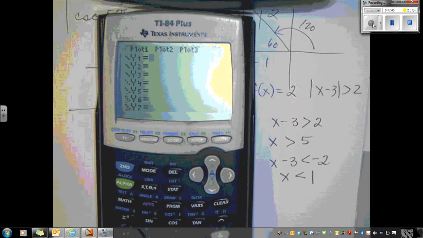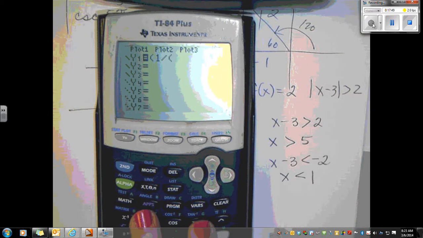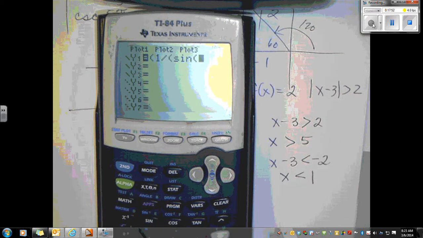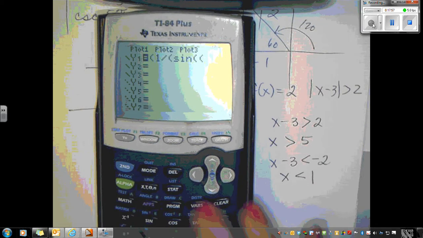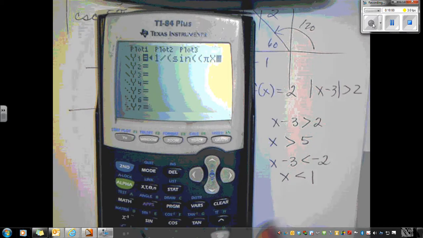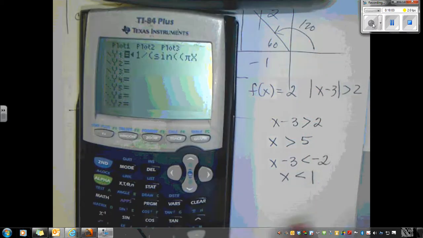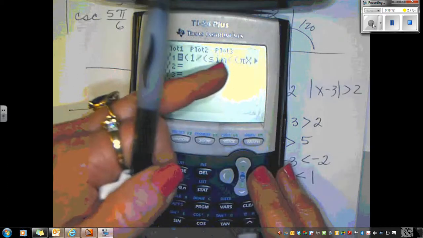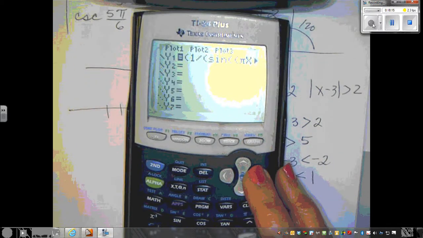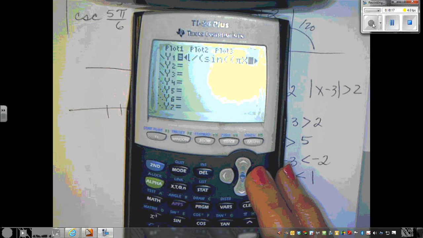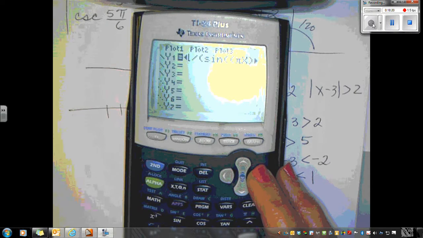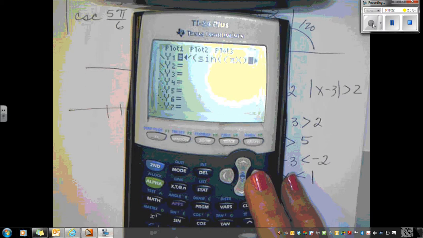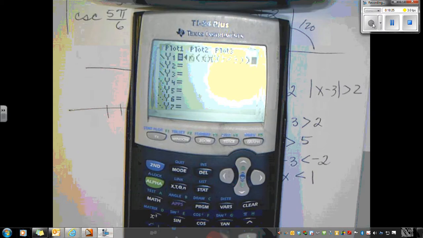Parentheses, 1 divided by, parentheses, sine of, parentheses, pi times x, divided by 6. Okay, now, if you notice here, I have 1, 2, 3, 4 parentheses, which means on the right-hand side, I have to have 4 of them. 1, 2, 3, 4.